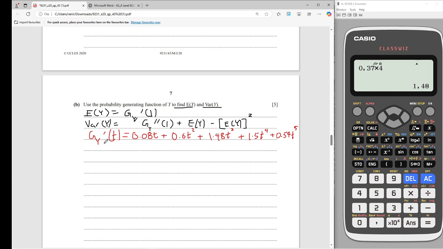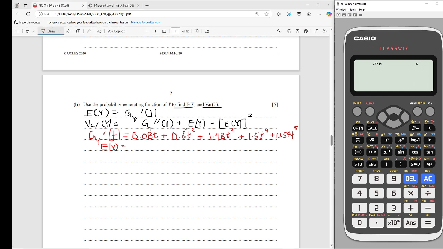Now to find E(Y), it will be to plug in t equals 1. So when you plug in t equals 1, it doesn't matter what degree the polynomial is in. If it's 1, 2, 3, 4, 5, it doesn't matter. 1 squared, cubed, to the 4, all of it will still be equal to 1. So all we need to do is add up all the coefficients here. So it's going to be 0.08 plus 0.6 plus 1.48 plus 1.5 plus 0.54.